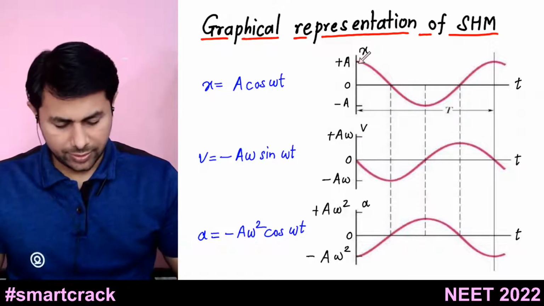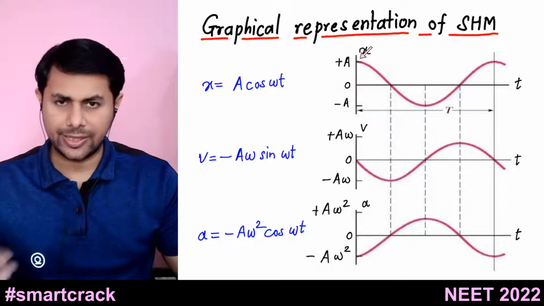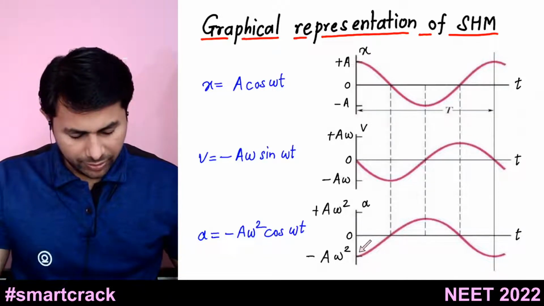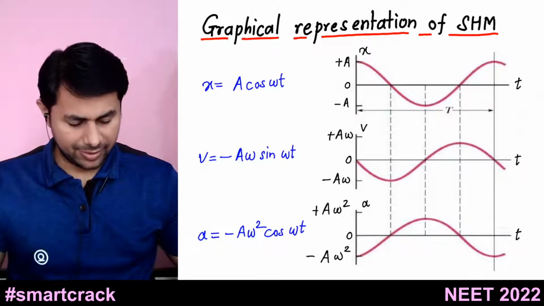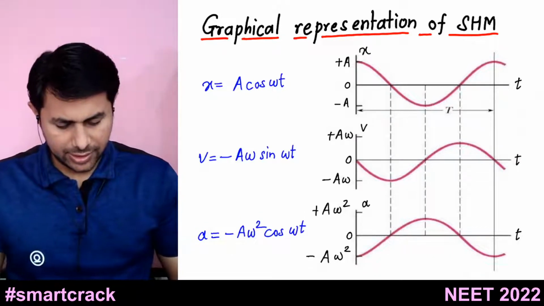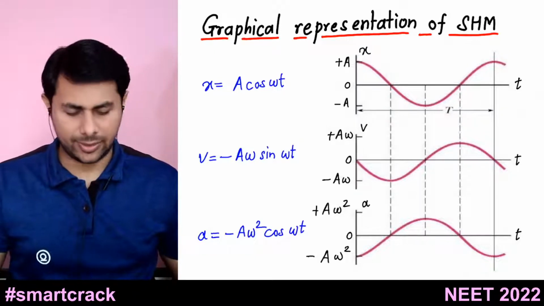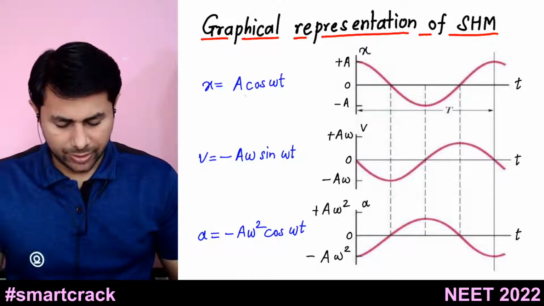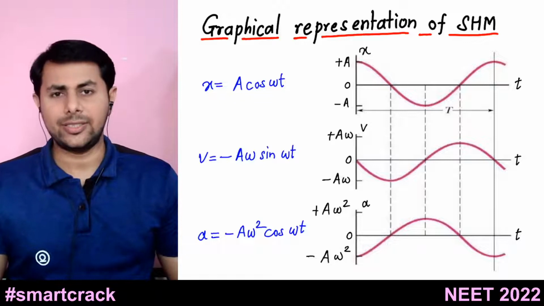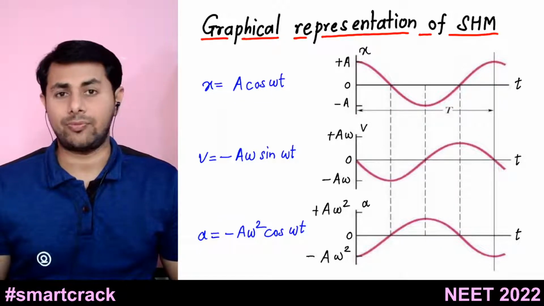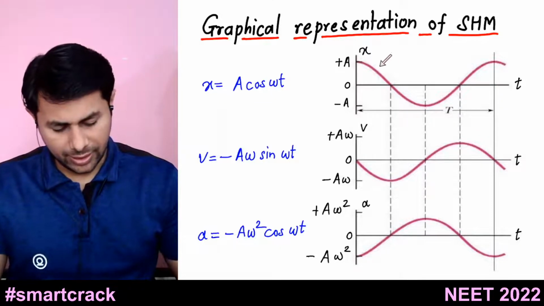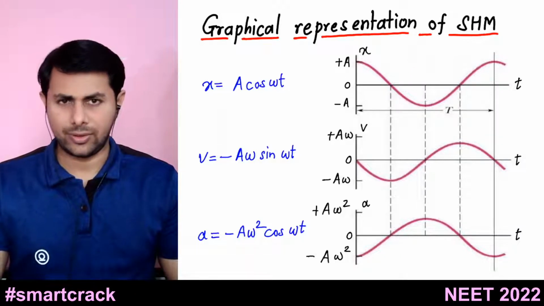Okay, so here if you have displacement above the x-axis, here you will have the same displacement below the x-axis. Okay, so this is the graphical representation of SHM, simple harmonic motion. Okay, and this is for the particular case when the particle starts from the extreme position. If the particle starts from the mean position, then you will have a sine curve.